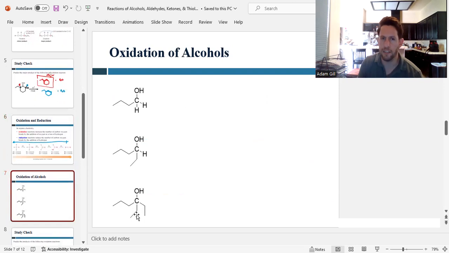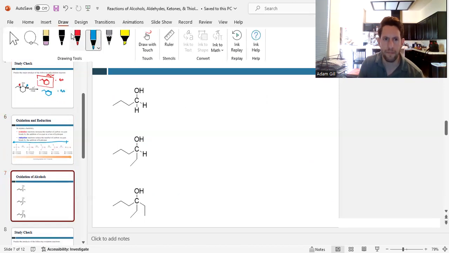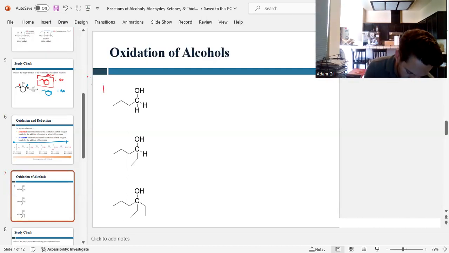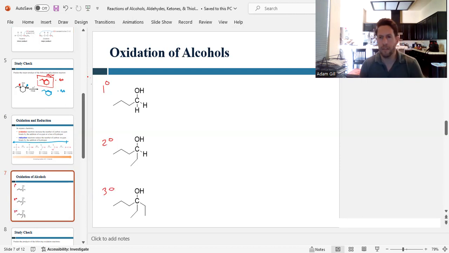So let's talk about the oxidation of alcohols. Here, I have 3 examples. I have a primary alcohol, a secondary alcohol, and a tertiary alcohol. Let's look at what happens to each one when we try to oxidize them.